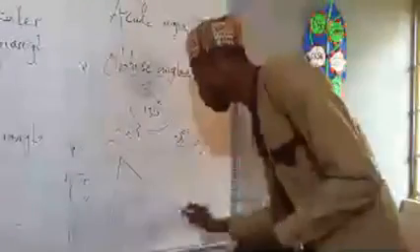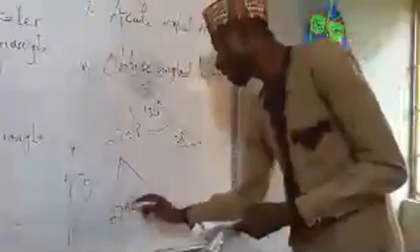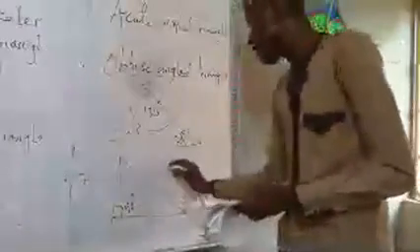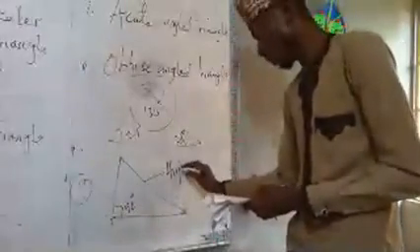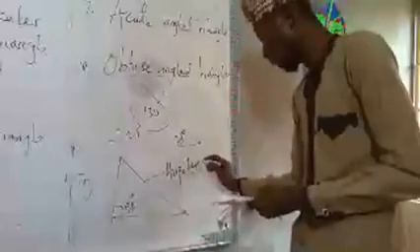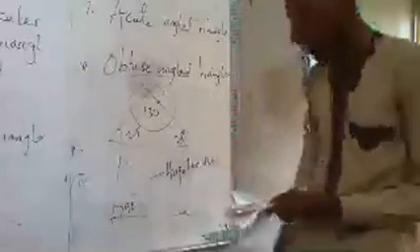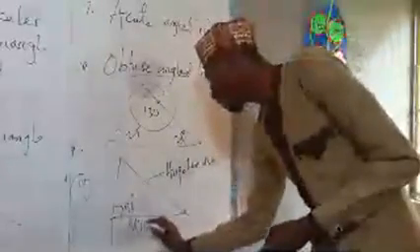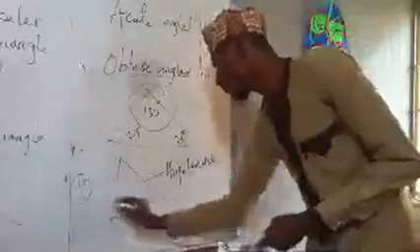The next one is the right angle triangle that we all know. A right angle triangle is when you have this place 90 degrees and this place is the hypotenuse. This is the adjacent and this is the opposite.